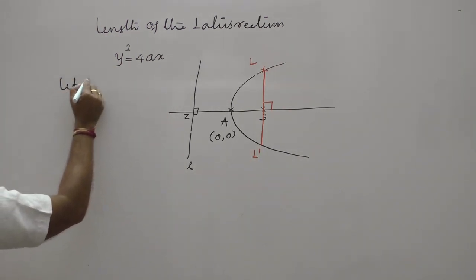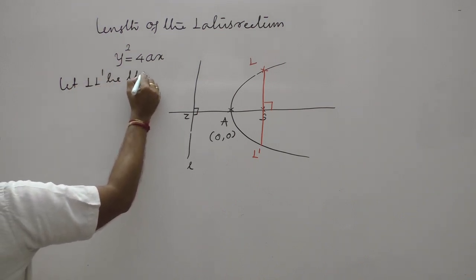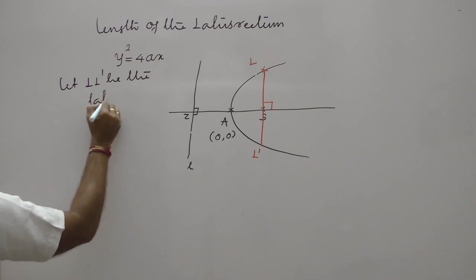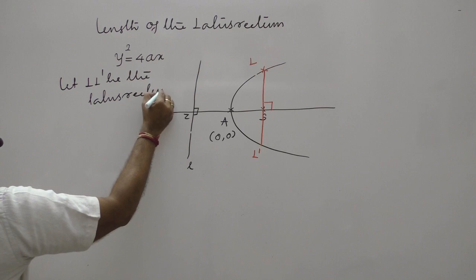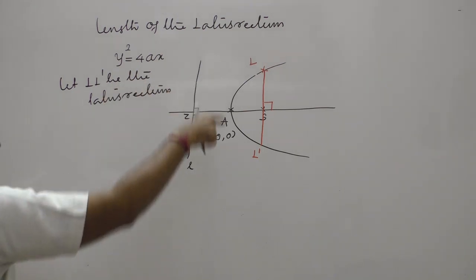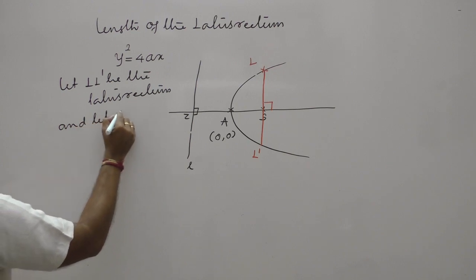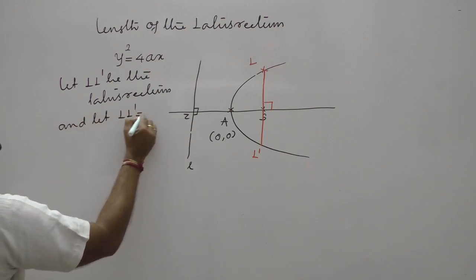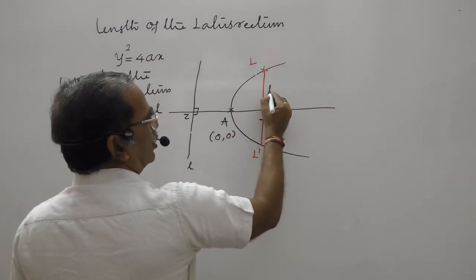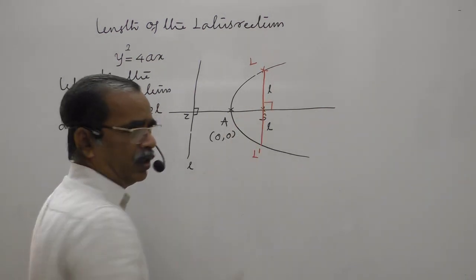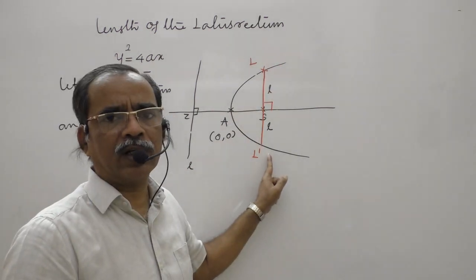So let L dash be the latus rectum. We have to find its length. Therefore, let L L dash be of length 2l. That means this length is l, this is also l. Is it true? Yes, the curve is symmetric about x-axis.